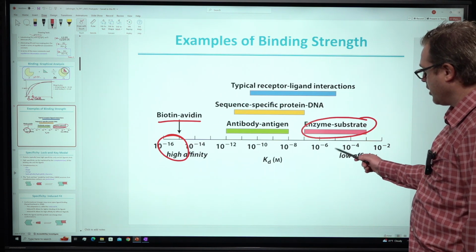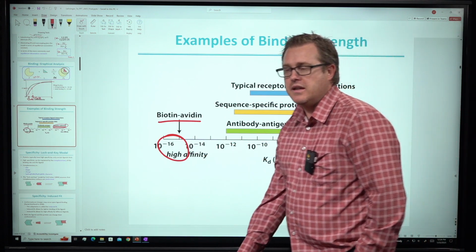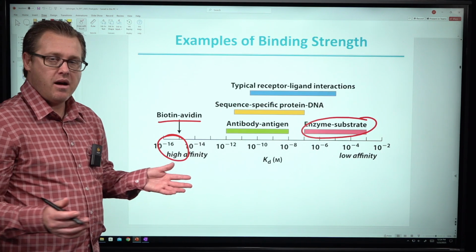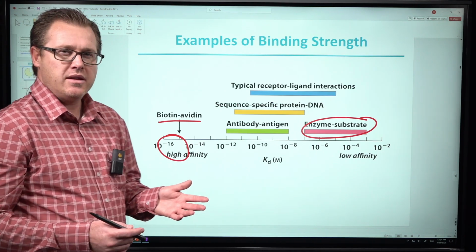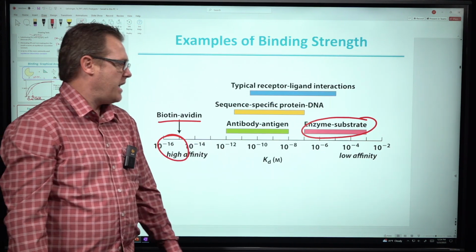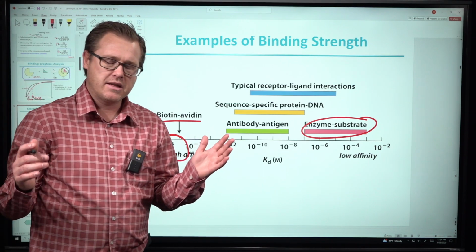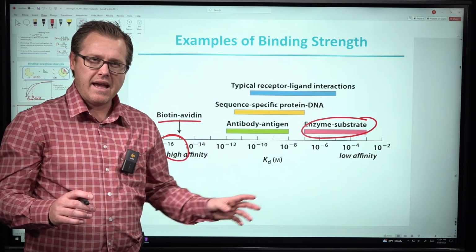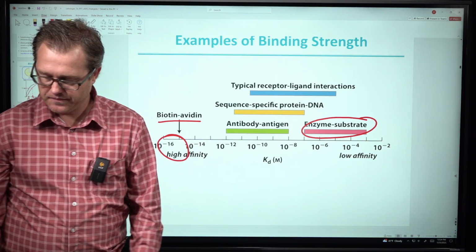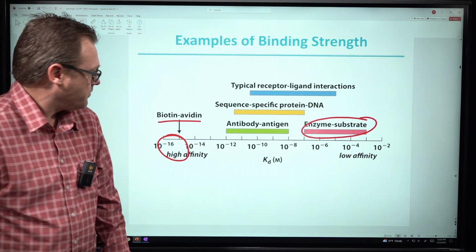These numbers are larger than those numbers. So this is just an example of the varying types of proteins or interactions that we are going to study. I'm just hoping that you can grasp the concept: small KD means strong binding, large KD means weak binding.